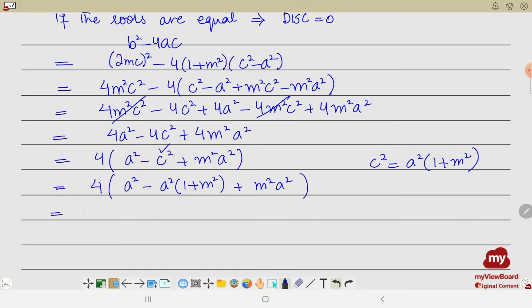Let's solve it. It will become a square minus a square minus a square m square plus m square a square. So these terms will get cancelled and we are left with 4 into 0, which is equal to 0. So we have proved that the value of the discriminant is equal to 0 by using the given condition. So the roots were equal, the discriminant is equal to 0.